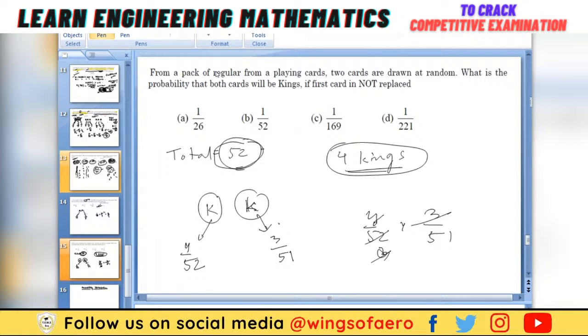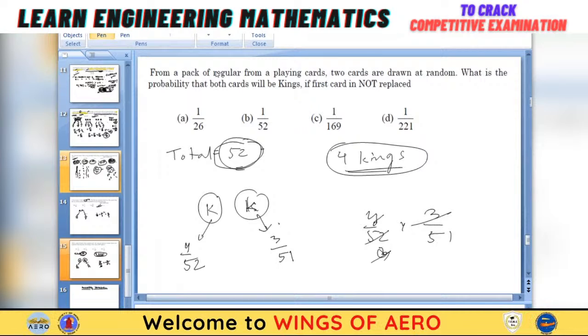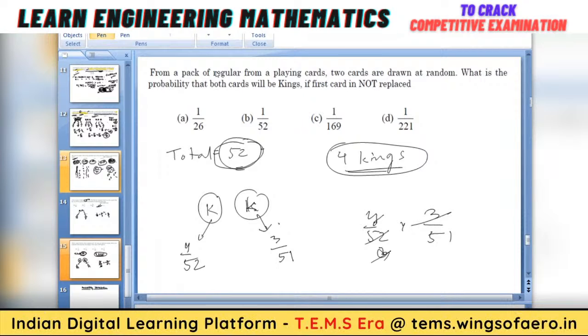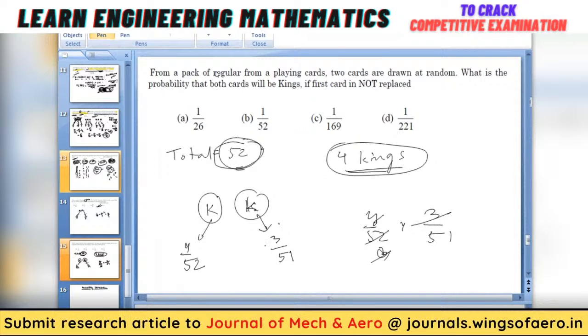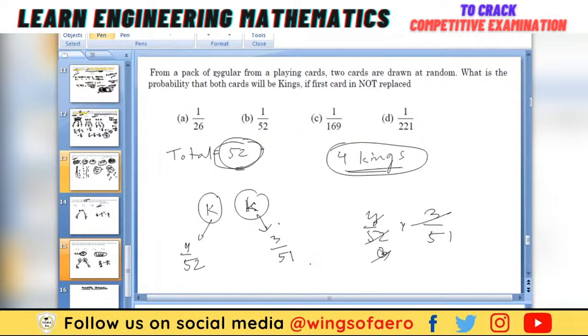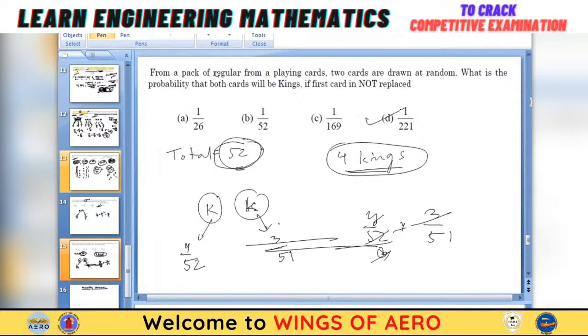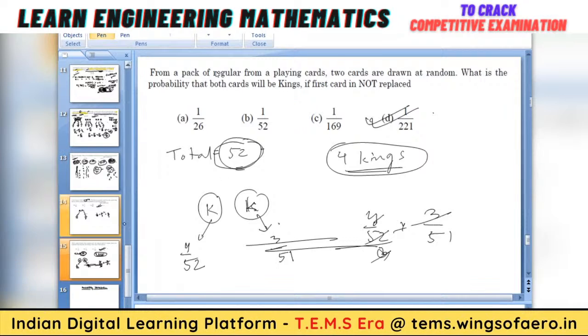Did I do something wrong? Sorry. Yes, 1 by 13 into 17. 13 into 17 is 221. D is the right answer.